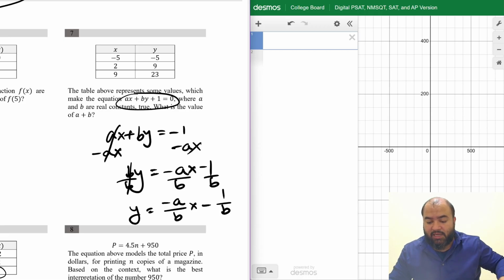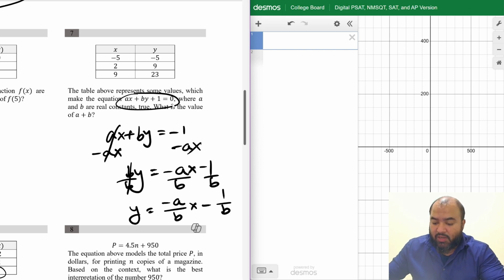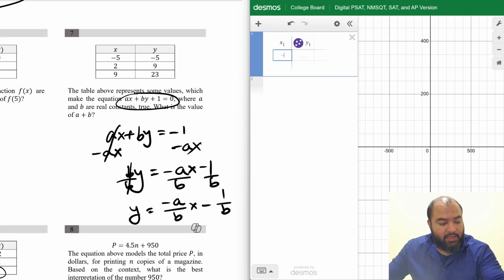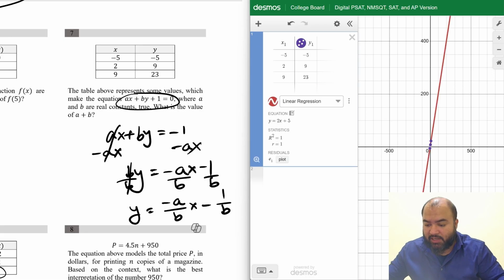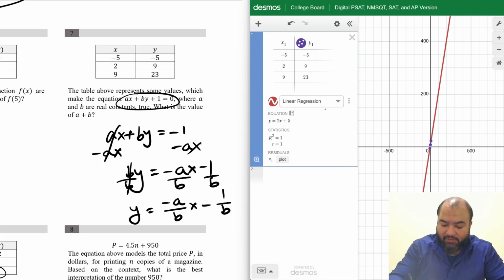Now let's see what we get when we plug in the table. I can do plus the table values, negative 5, negative 5. Then we have 2, 9, 2 and 9, and 9 and 23. So if you find the equation of the line, it's y equal to 2x plus 5.